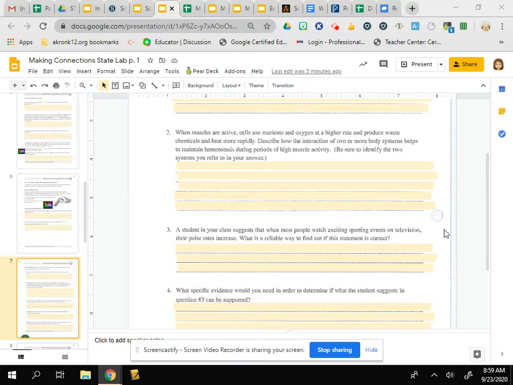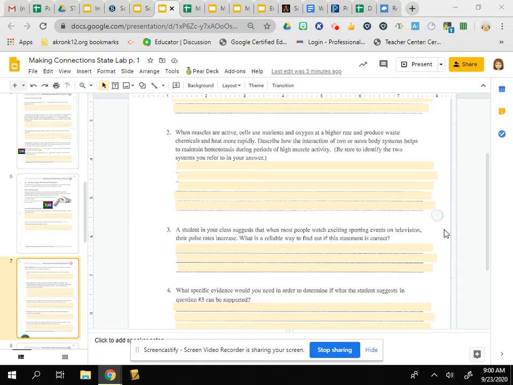Well, yes, definitely your muscles have to maintain homeostasis, and they tell you in the question that your cells are using oxygen and nutrients quickly. So that means your cells also have to get rid of wastes and heat more quickly. So what else is helping your body do that? Well, your circulatory system does help with that.